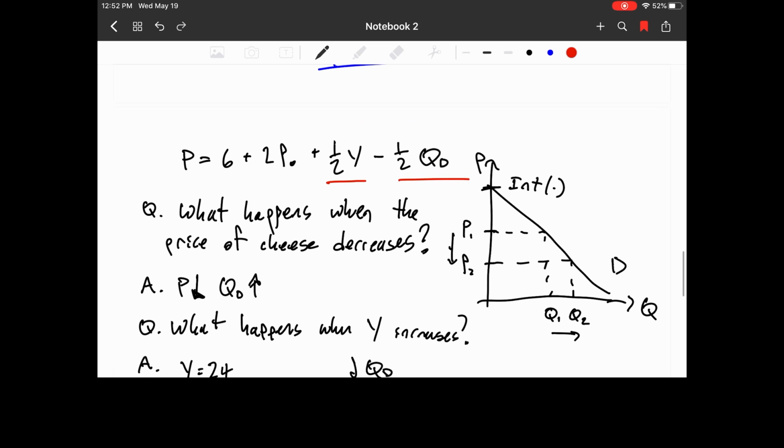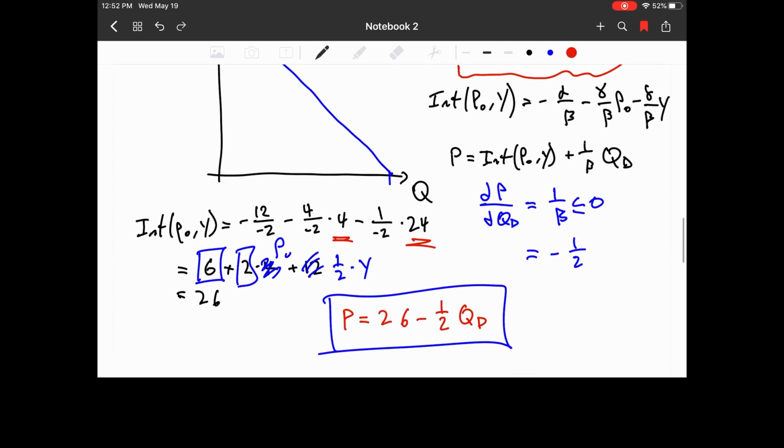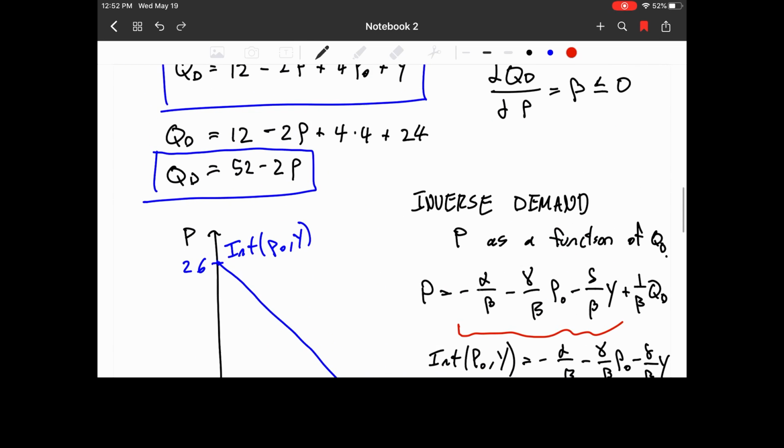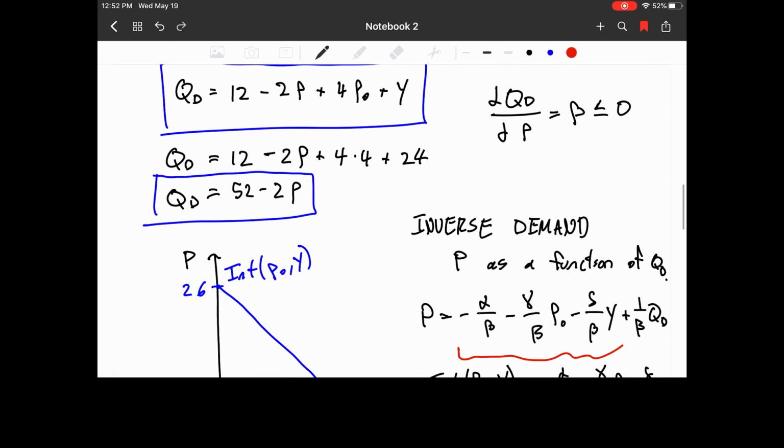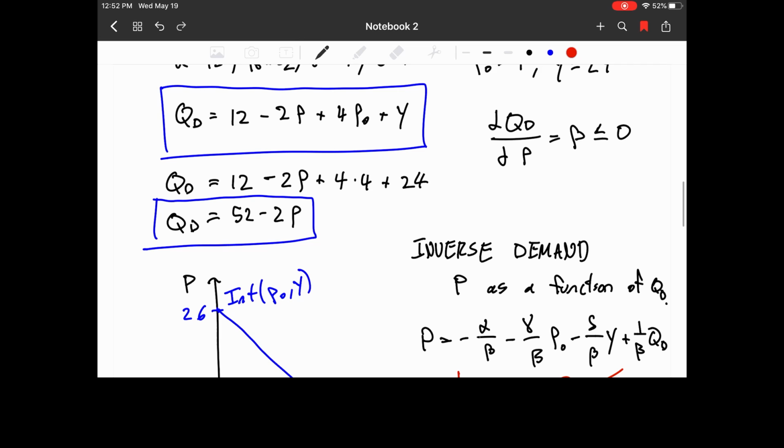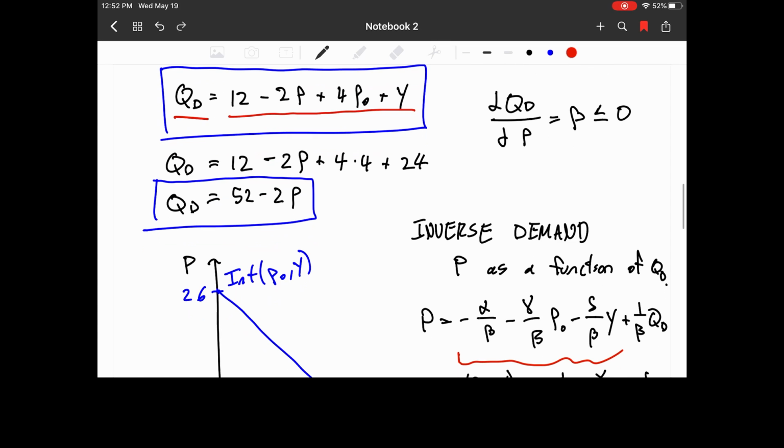We can also use our demand equation from earlier, which has quantity demanded on the left-hand side and our set of input variables on the right-hand side. And this is really the equation that allows us to take this derivative.